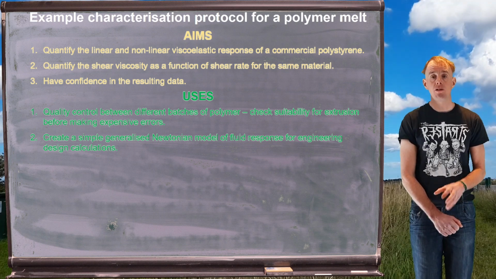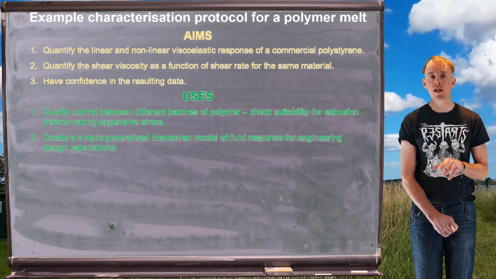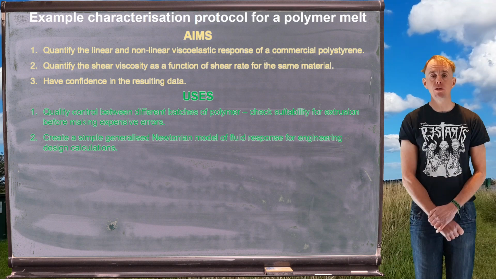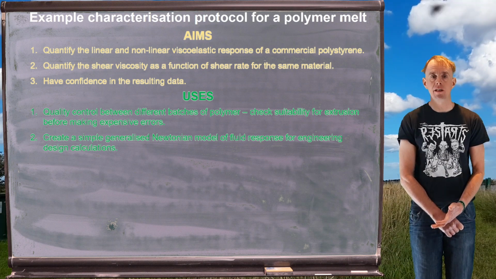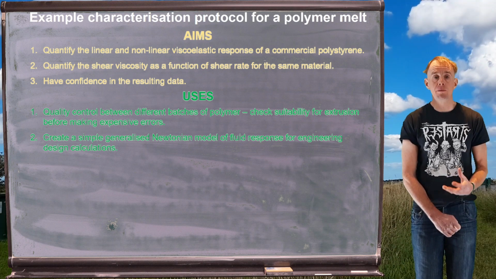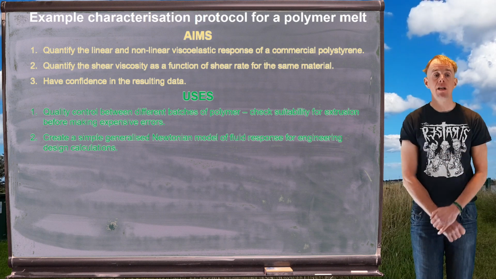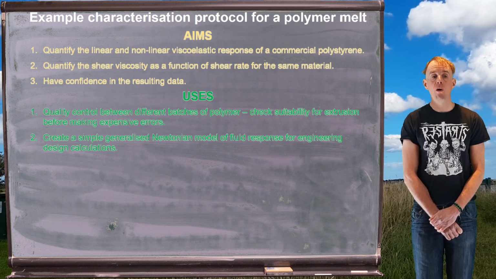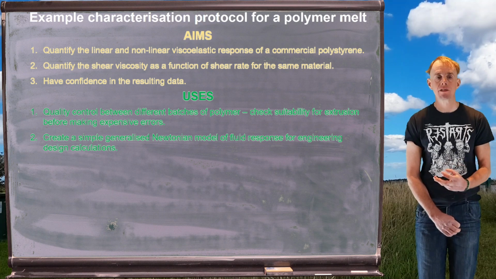So there's still a lot of value in having a good generalized Newtonian apparent viscosity model to do some quick estimating calculations with. And so what we can obtain from these data is exactly that, a good generalized Newtonian model of the material response at a given temperature.